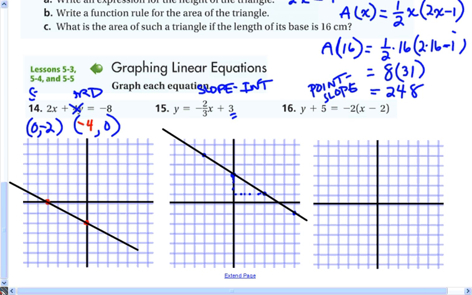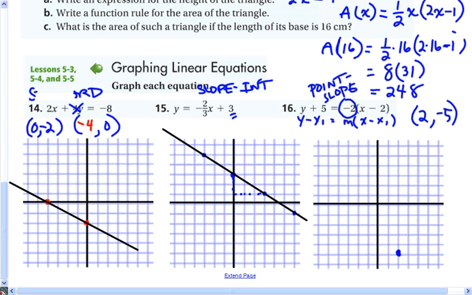All right, and the last one's in point-slope form. The slope, of course, is -2. The point, now remember, in point-slope form, we have x minus x sub 1 and y minus y sub 1. So that means I'm subtracting 2, so my x coordinate is 2, and I'd be subtracting -5 to get +5, so my y coordinate is -5. So I'm going to have a point at (2, -5), over 2 down 5, that's right there.